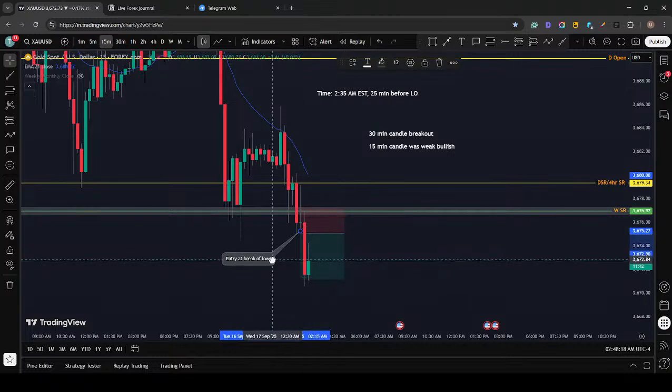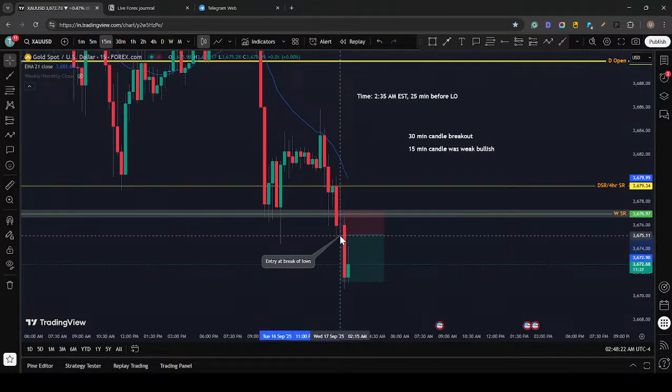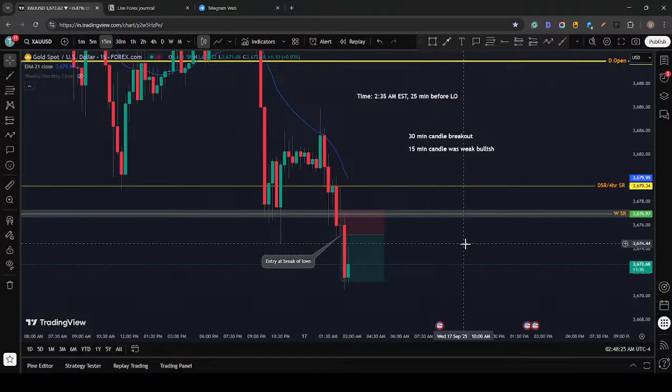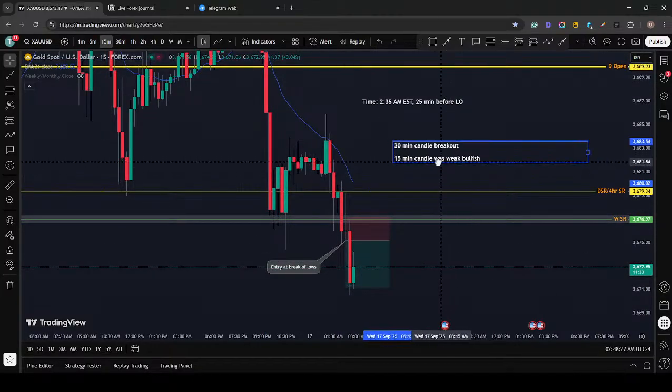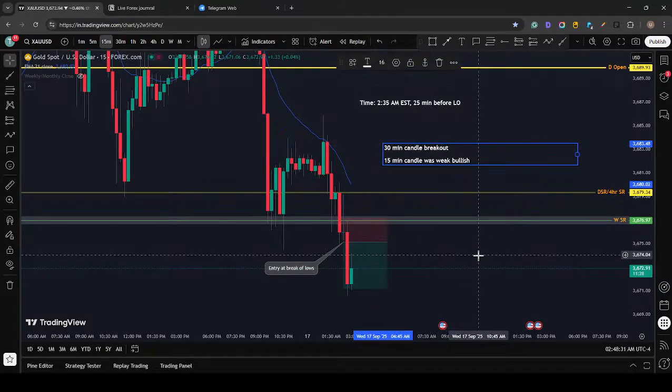Just give me a minute, I'm just journaling this in my trading setup. 30-minute candle breakout, 15-minute candle was weak bullish.